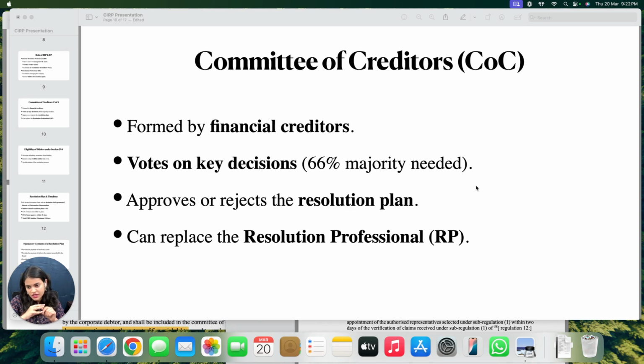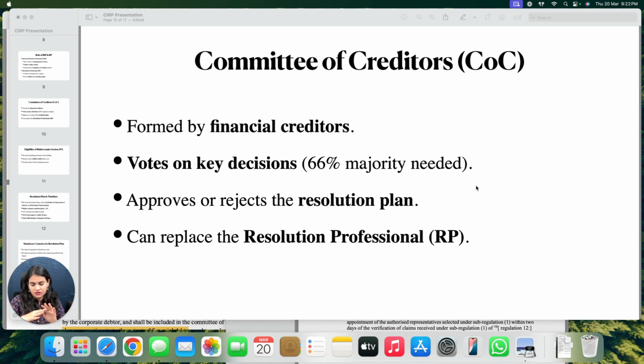Other than the financial creditors, an operational creditor with a debt aggregating over 10% of the total debt, and the erstwhile management of the corporate debtor, will also receive the agenda and be invited to take part in the meeting.